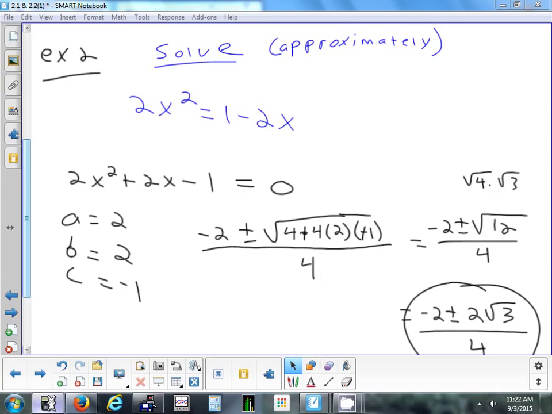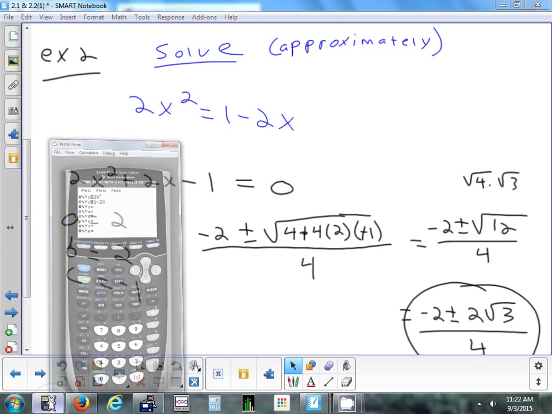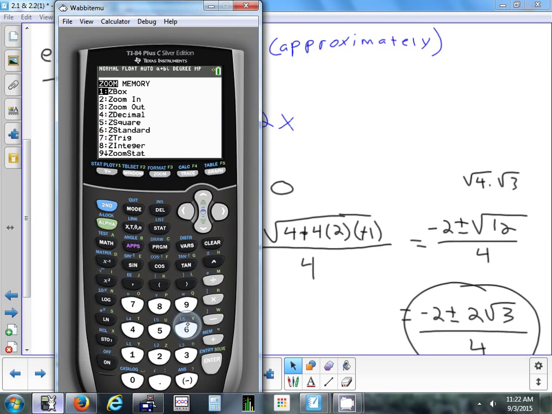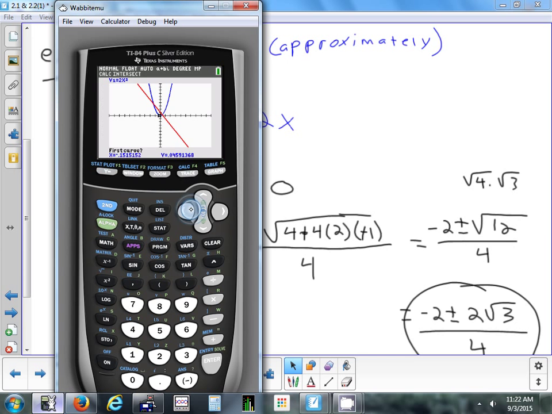Yeah, they intersect. I'm going to find where they intersect. So do zoom 6. There's your parabola. There's your line. Notice there's 2 spots where they intersect. I'm going to grab the one on the left-hand side. If somebody else can get the one towards the right, it'll save us a little time.